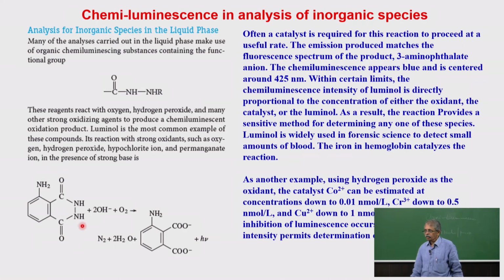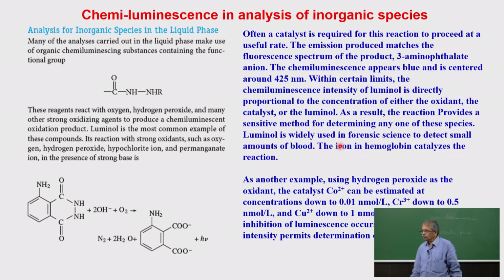This particular compound, which is luminol, can be reacted with H2O2, with O2, many oxidizing agents, hypochlorite, many things in the presence of a base, and it will give you this reaction plus the emission. This emission you measure. So this kind of a reaction leading to emission is chemiluminescence.